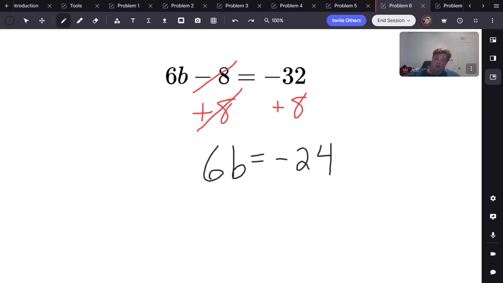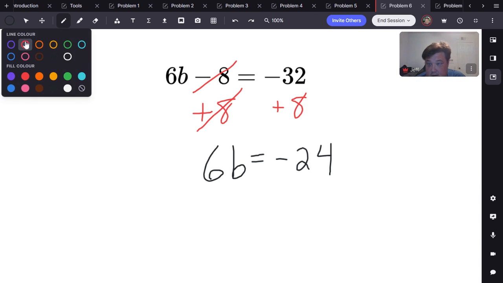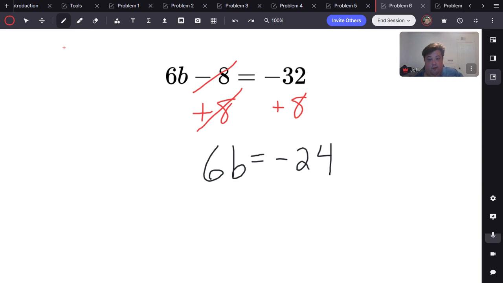So now we're not done, because this is going to require 2 steps. Right now it's 6 being multiplied to b. So in order to cancel out multiplication, we're going to have to divide. Let me go over here and divide both sides of the equal sign by 6.